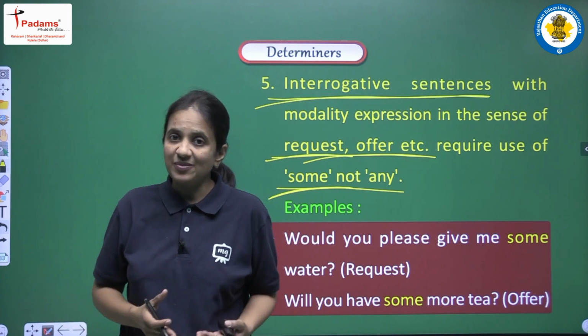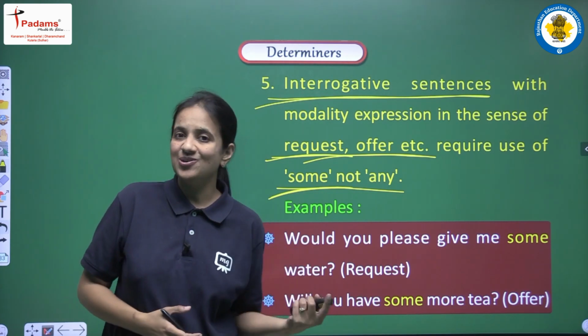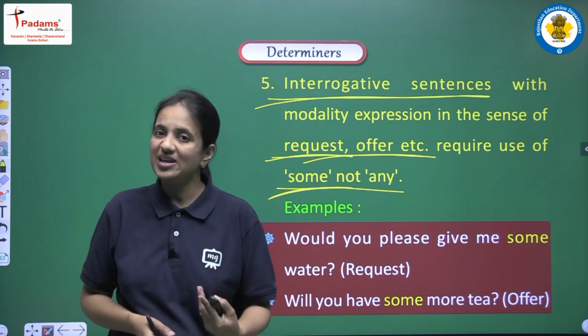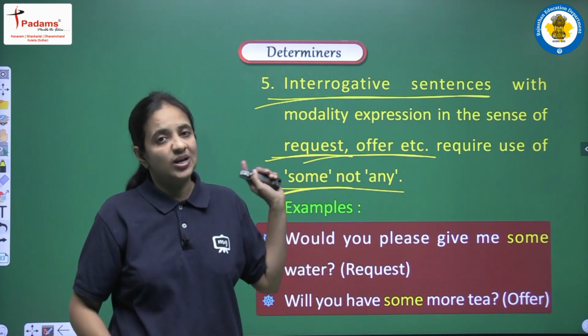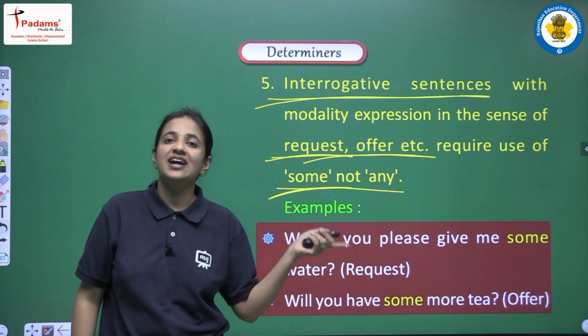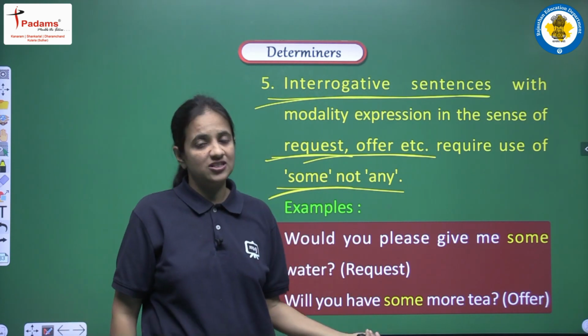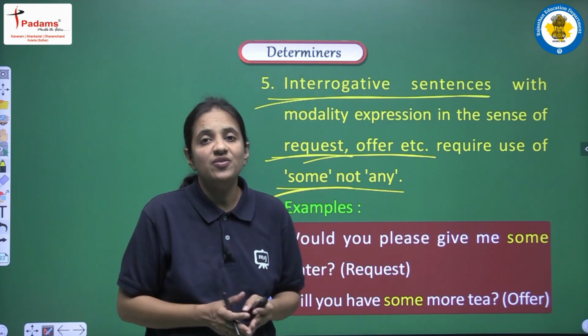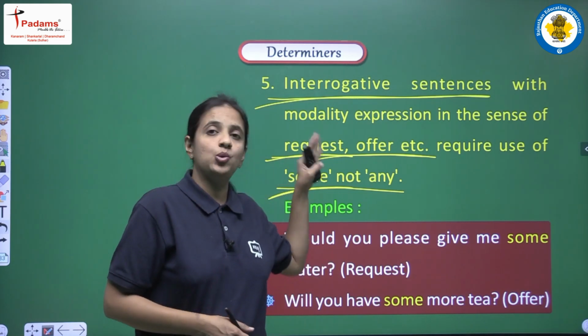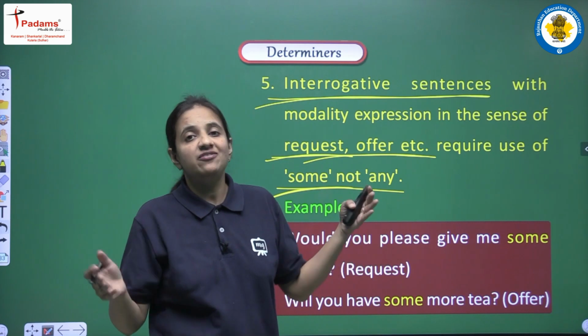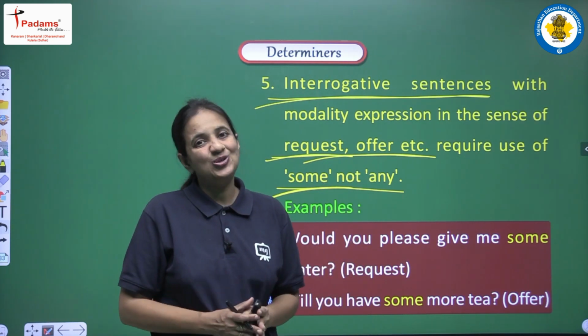Yes, we have read that if the sentence is a negative one or an interrogative one, we have to use any, but these are some of the exceptions, right? So here is one exception: in interrogative sentences also some can be used, but we have to understand that if the sentence has a request or an offer, if these are the feelings, then we have to use some.